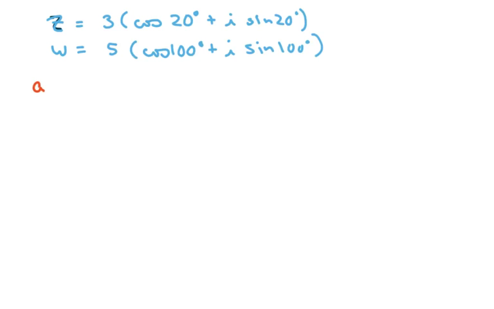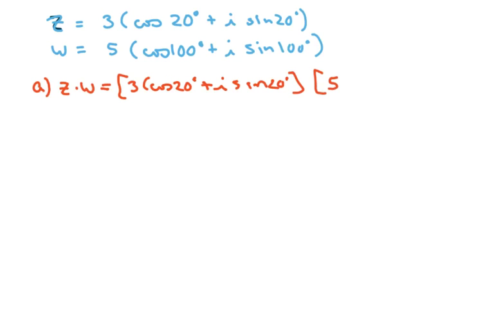So when you multiply them, that's Z times W. What you're going to do is multiply, and I'll go ahead and write these out. 3 cosine of 20 plus I sine of 20 times 5 times cosine of 100 plus I sine of 100 degrees. And these I's aren't showing up very well.